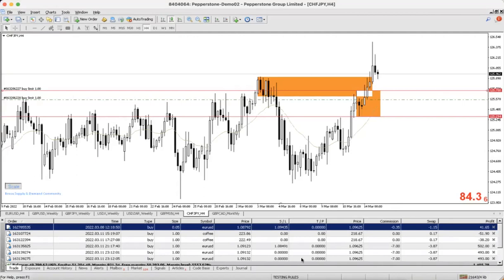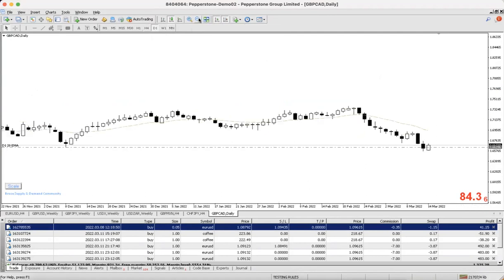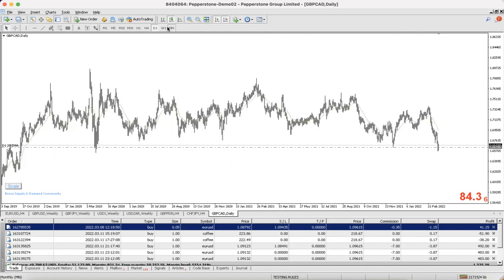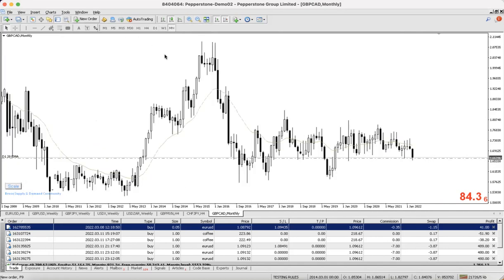All right. So what about pound CAD? Pound CAD, where is it? Pound CAD monthly. On the weekly, I expect pound CAD to reach this area.